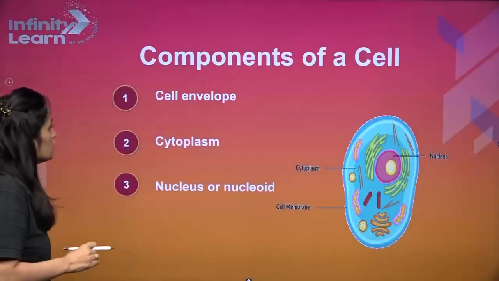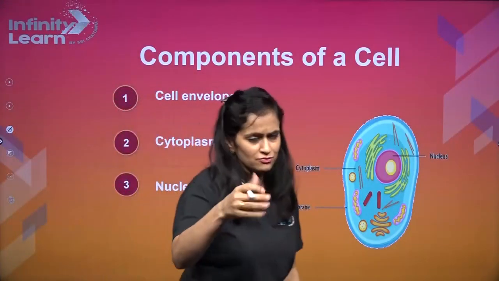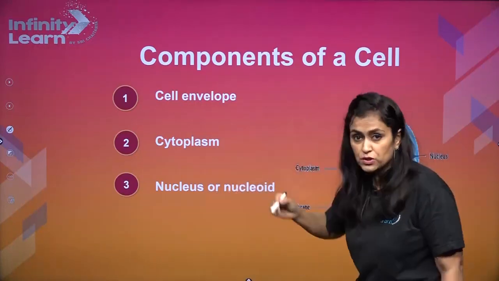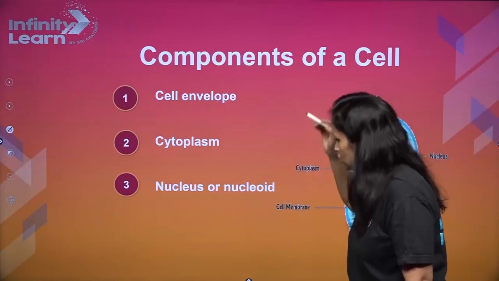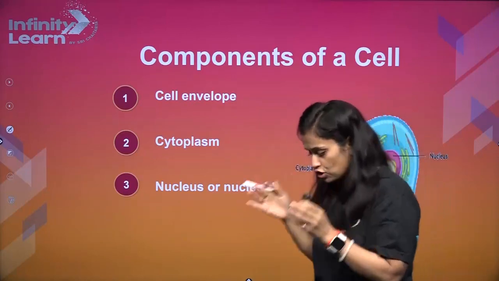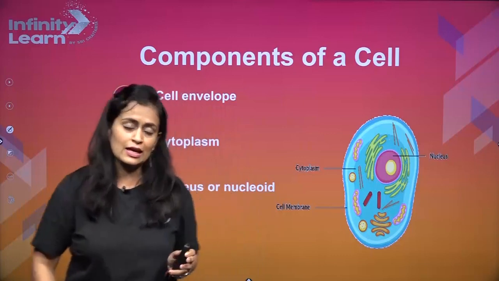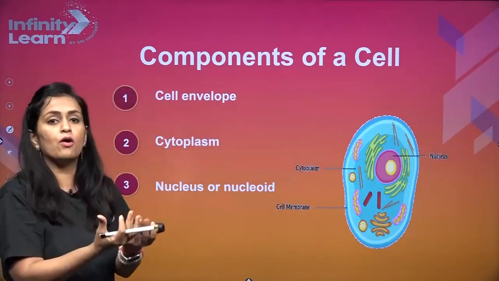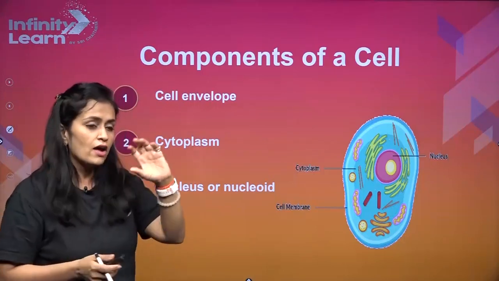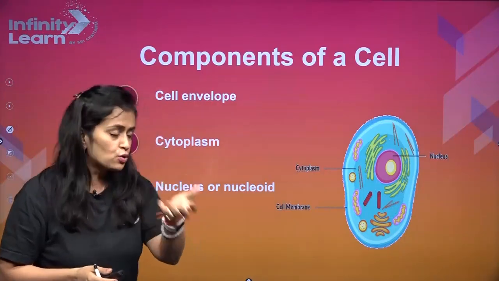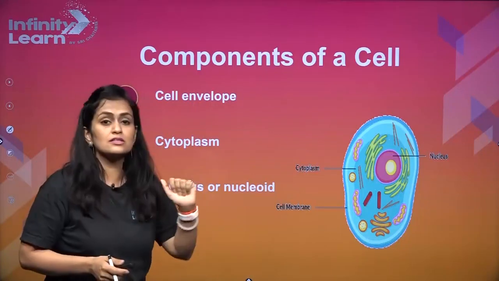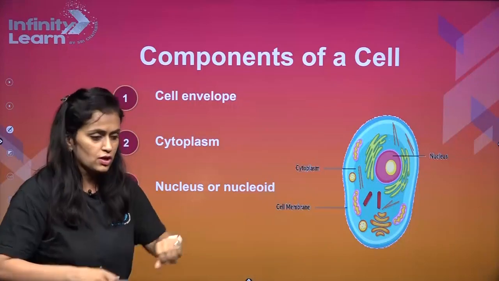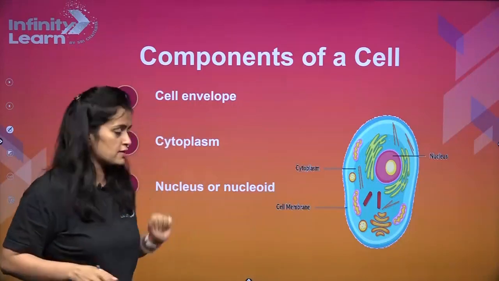So here the components of cell, something we have covered previously. Components of cell are what? The cell envelope should be there. Cytoplasm, nucleus or a nucleoid should be there. So nucleus in case of the eukaryotic cells, where we have a proper covering around, right? We have an organelle, we have a membrane, double membrane. Nucleus is a double membrane structure present in eukaryotic cell, whereas nucleoid in case of prokaryotic cells, where the DNA is just scattered into the cytoplasm.